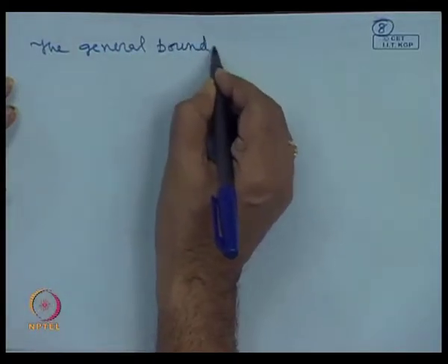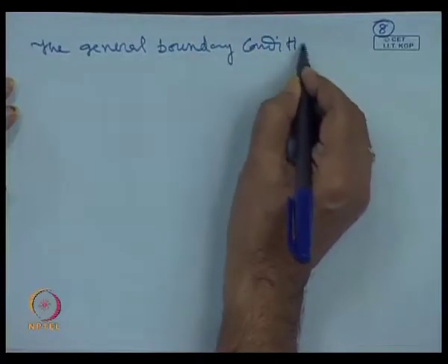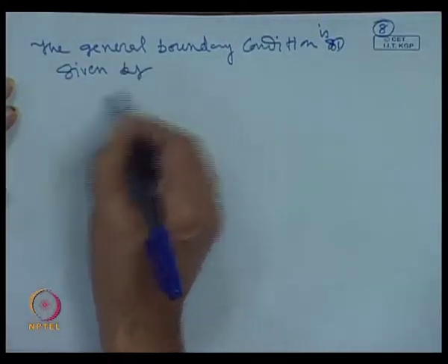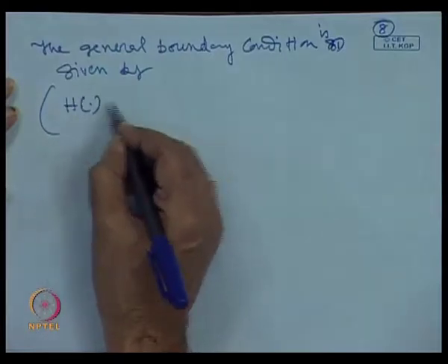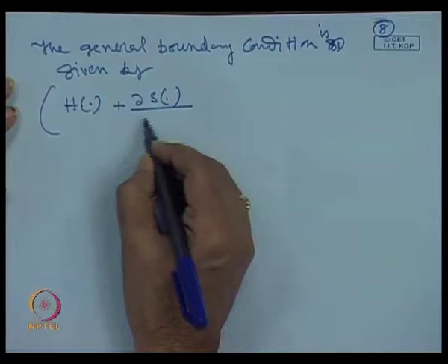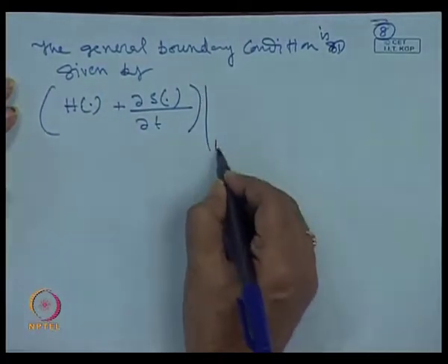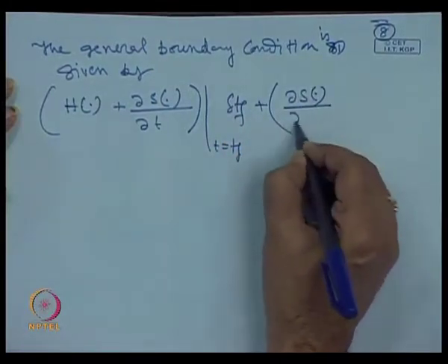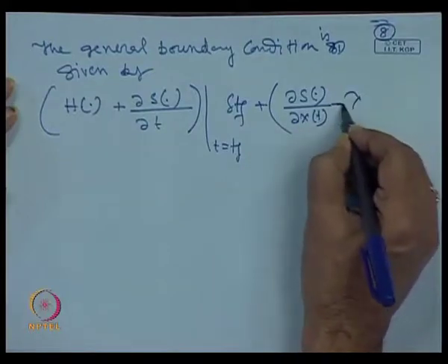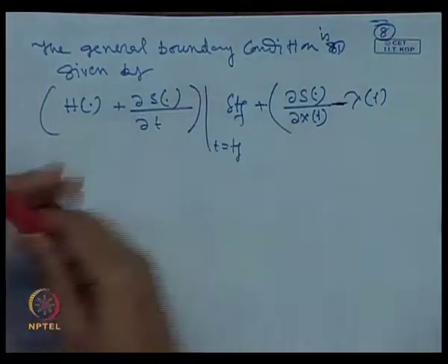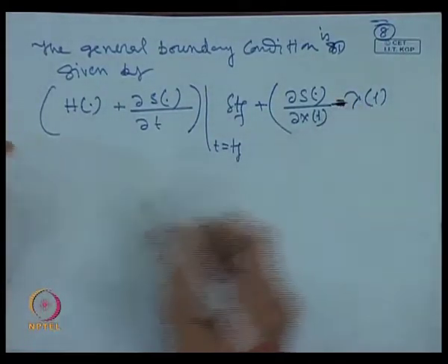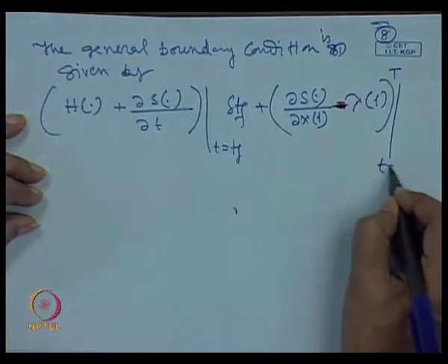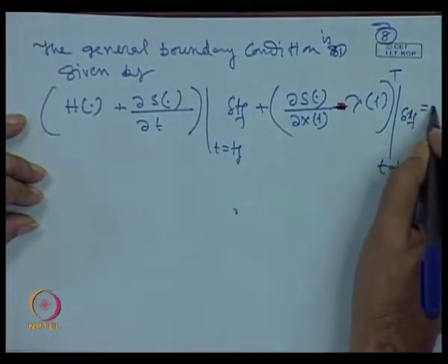boundary condition is given by H, I just refer to the terminal cost, all these things, the boundary condition at t equal to T f: H delta T f plus del S of del x at t minus lambda of t, this whole transpose at t equal to T f, times delta x f, is equal to 0.